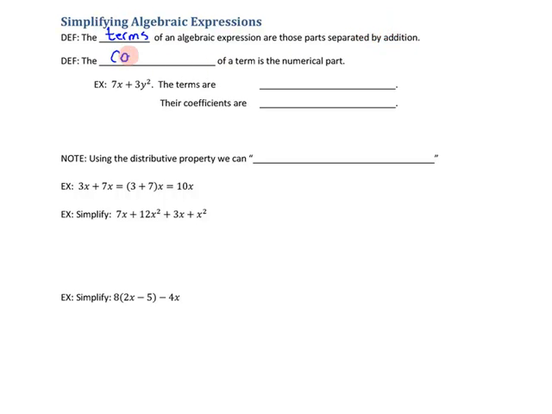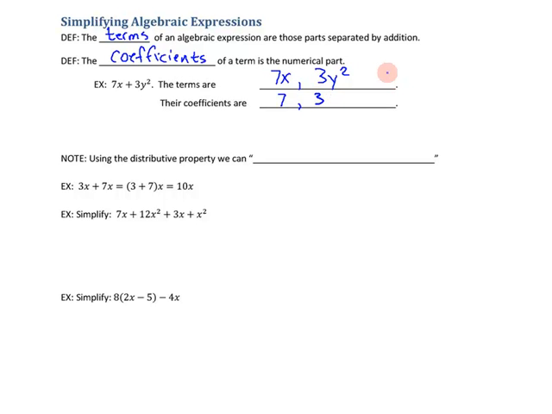The coefficients of a term are the numerical part, the numbers sitting out in front. So for example, if I have 7x plus 3y squared as an algebraic expression, the terms are 7x and 3y squared. Their coefficients are 7 and 3.